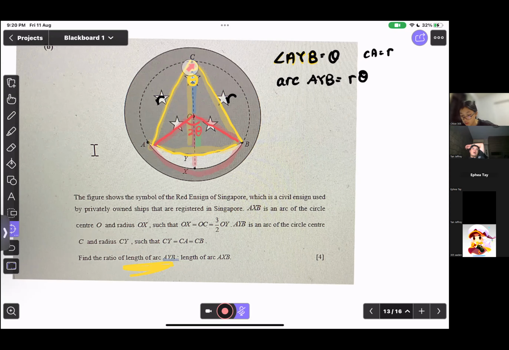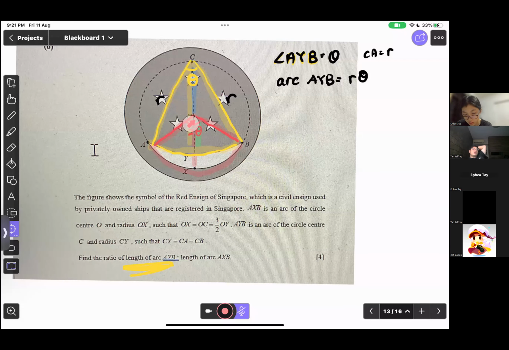This is difficult. AXB will come from here. How do I find this? OX is the same as OC. OX is 3 over 2 of OY, so this is 3 units and this is 2 units.